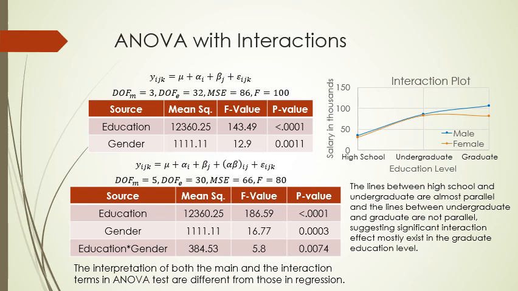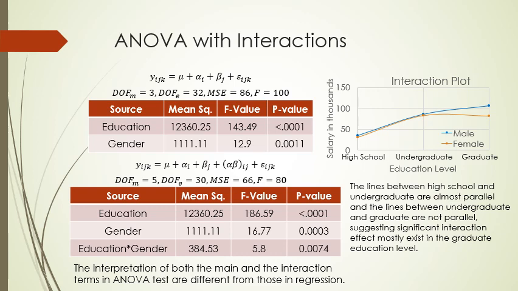Since the interaction effect is the combined effects of all levels, we may not know if all interaction levels have a similar effect. We may use the interaction plot to further explore the ANOVA results. For example, this is an interaction plot of the salary example.